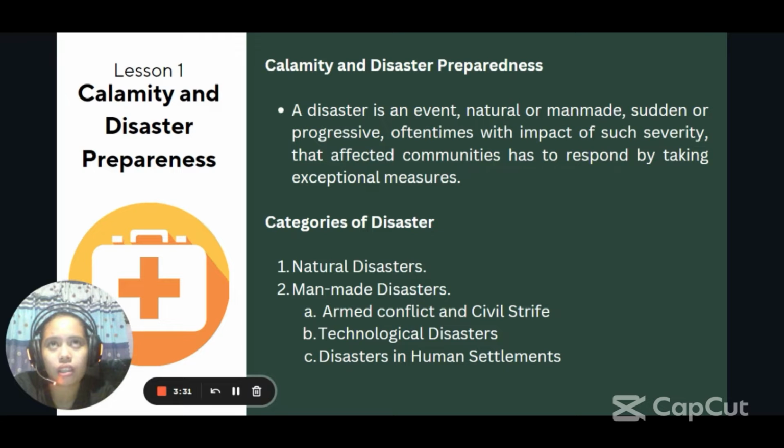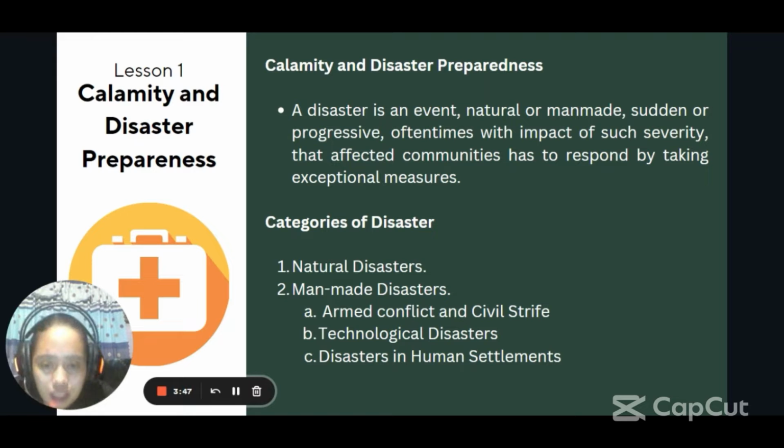Ang example ana is katong Mindanao, Abu Sayyaf, and sa Moro National Liberation activities in Mindanao. Muna siya ang mga example.